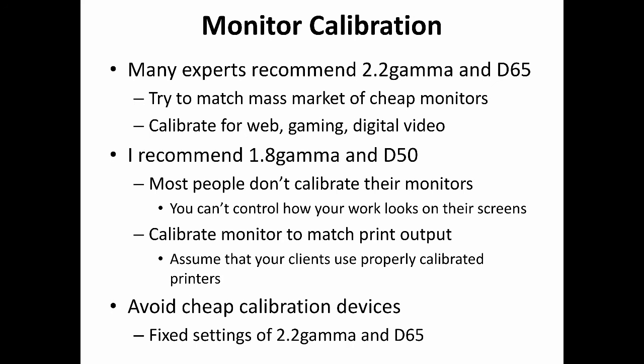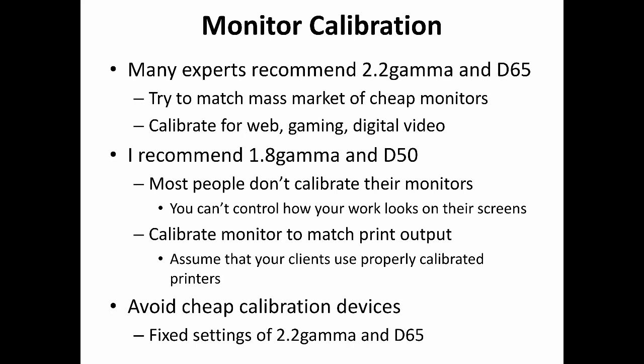So in other words, if you set your computer to 2.2 gamma and D65 and you create artwork that's meant to be put up on the web or animations or streaming videos and so forth, you still have no idea what that's actually going to look like on the end user's computer, because most people across the world own inexpensive monitors and almost nobody actually calibrates their monitors.